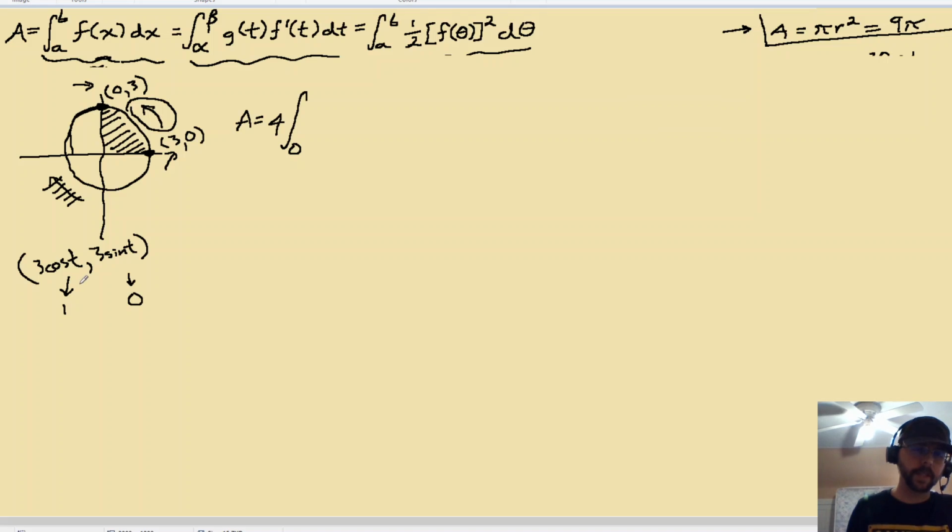Because for the second one, we want this to be 0, and we want this to be 1. So that we get 0 times 3 is 0, and 3 times 1 is 3. So pi over 2 would give us, well, it should give us this.